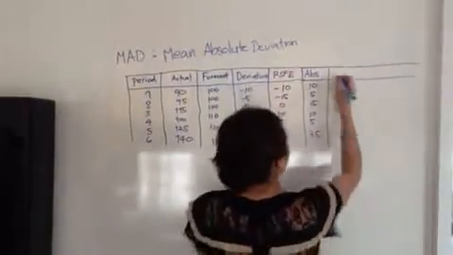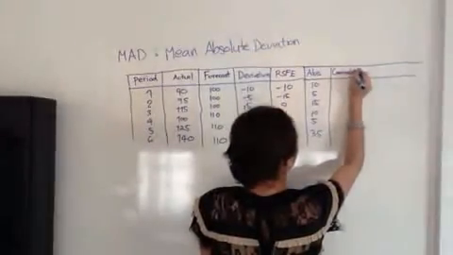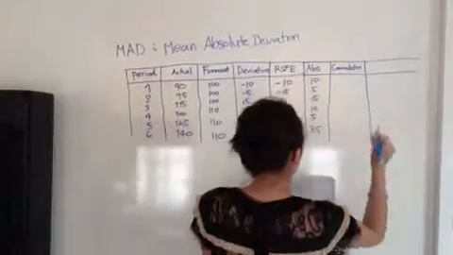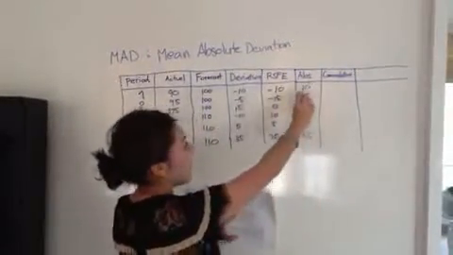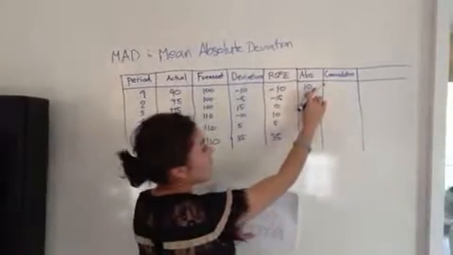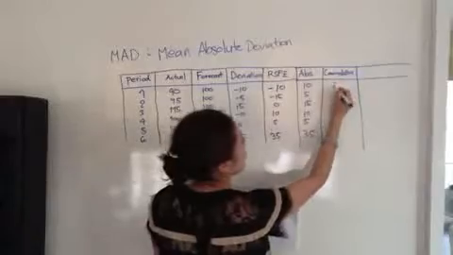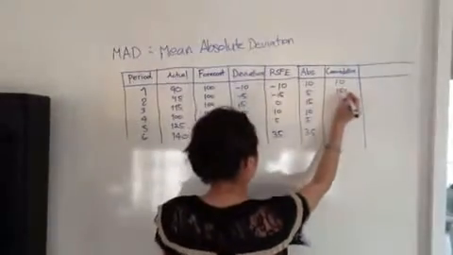The next column is a cumulative column. For the cumulative column, you use the sum of the absolute column. For example, the absolute column's first period is 10, so you put 10 here for the first period. 10 plus 5 is 15.